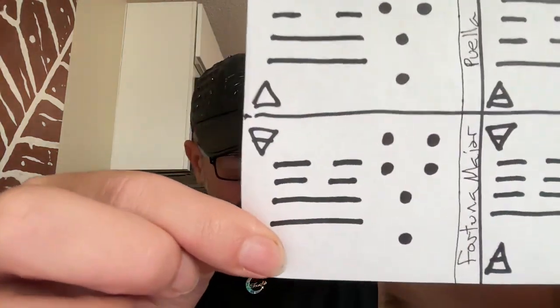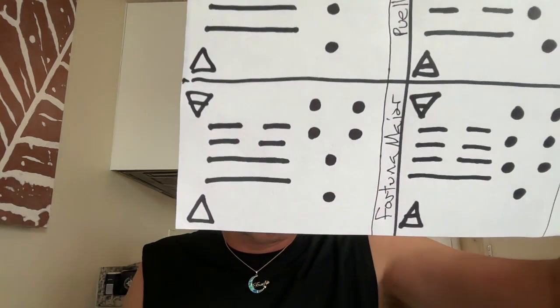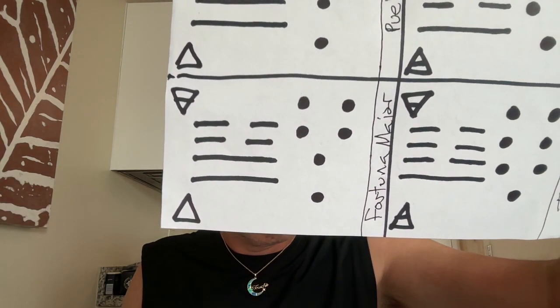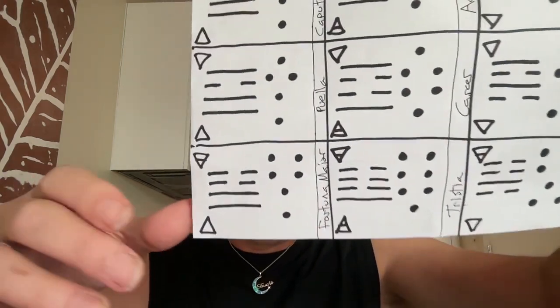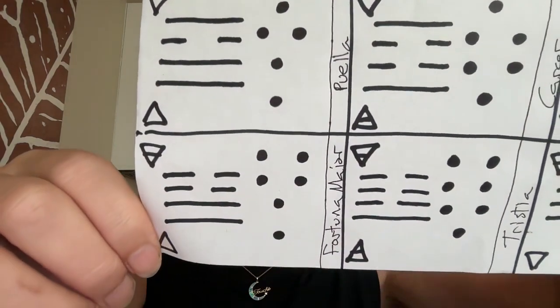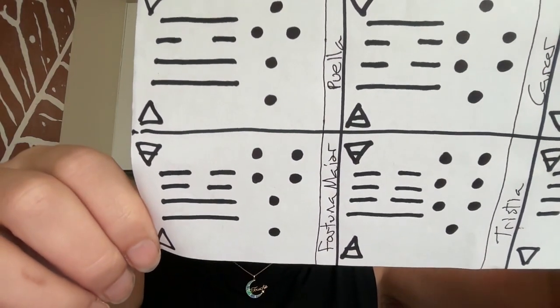Okay, finally, we got Earth of Fire as Fortuna Major. And that's the tetragram and geometric figure, Fortuna Major. Earth of Fire. Princess of Wands.